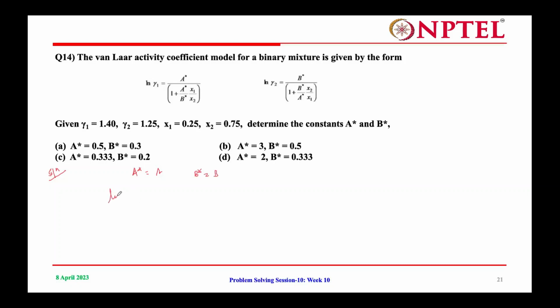So ln gamma 1 equals A(1 plus A x1 by B x2) whole square, and ln gamma 2 equals B(1 plus B x2 by A x1) whole square, right?